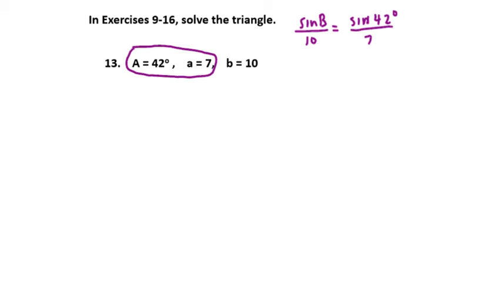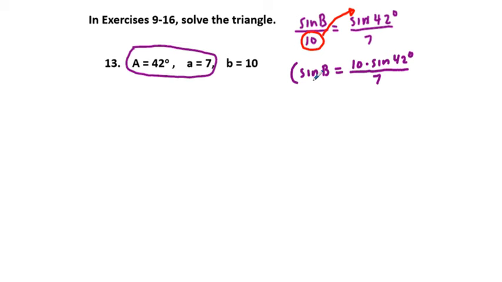Cross multiplying that 10 to the other side, we have sine B equals 10 times sine of 42 degrees over 7.